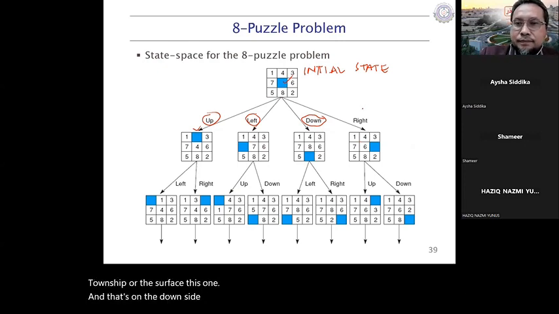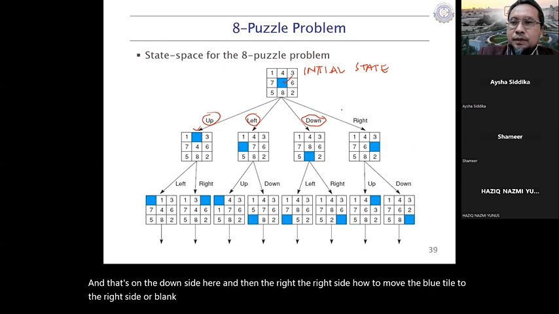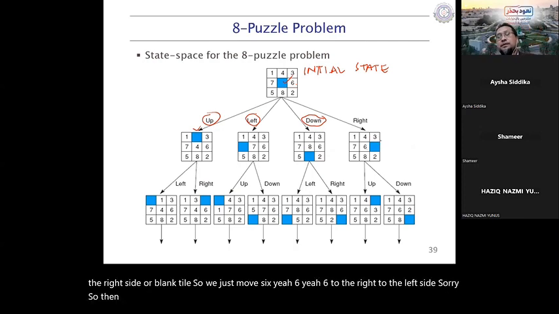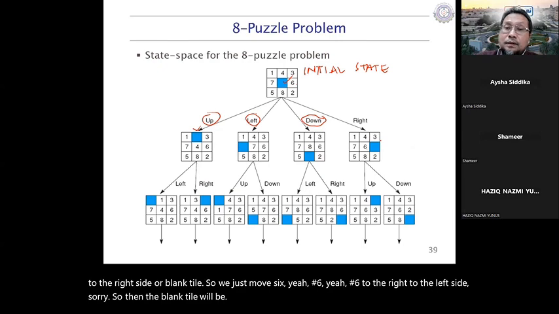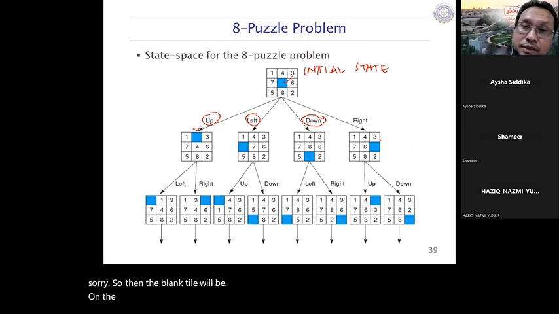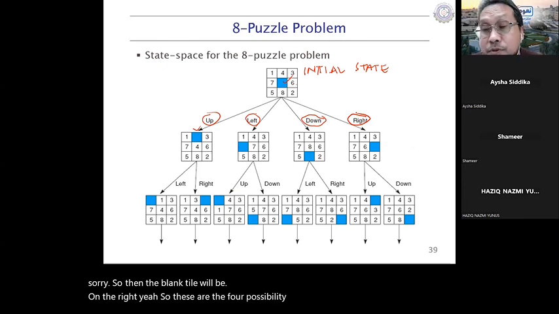And then the right side: how do we move the blank tile to the right? We just move tile number 6 to the left side, sorry. Then the blank tile will be on the right. So these are the 4 possible ways to move the blank tile.